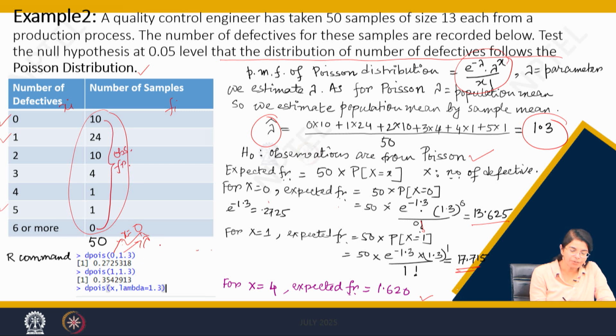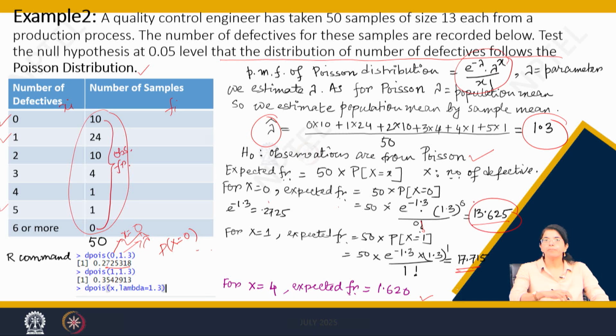So that will give you probability of x is equal to 0. What is probability of x is equal to 0? That is 0.2725. Now multiply 0.2725 by 50 and you will have the same answer. So don't get worried that you don't know the Poisson formula. Clear?